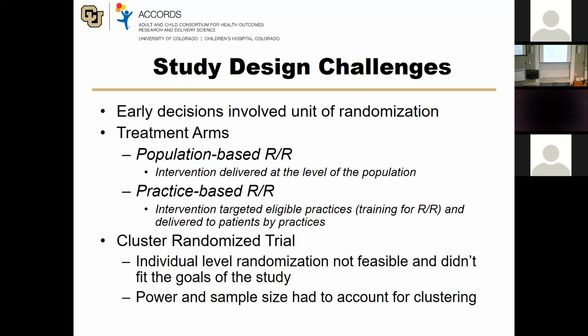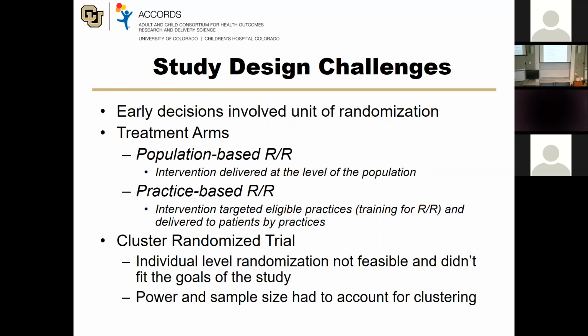So population-based reminder recall, the intervention was going to be delivered at the level of the population. So we have to think about what's the unit of the population. Practice-based, the intervention targeted eligible practices, that is the training for the reminder recall, and would be actually delivered to the patients by the practices, but the focus is still on the entire population.